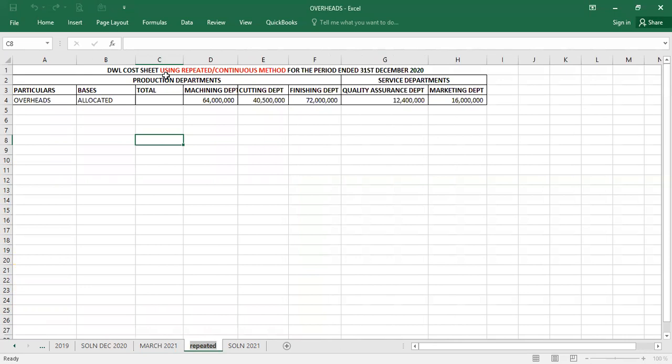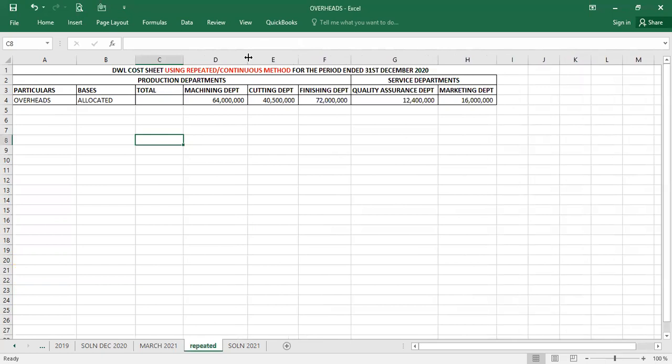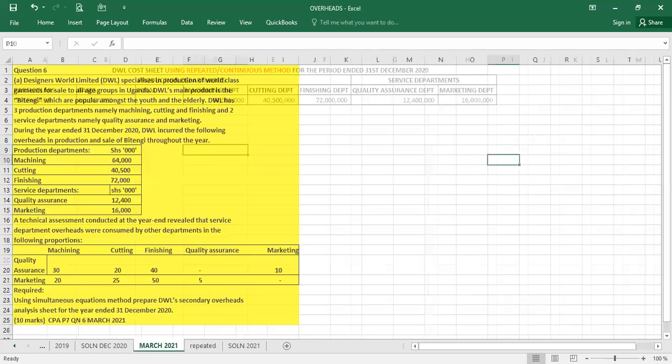So we have the production departments and the service departments, plus what they have given us in terms of what we are going to be using, because what I've just analyzed is what they have given us in the question.